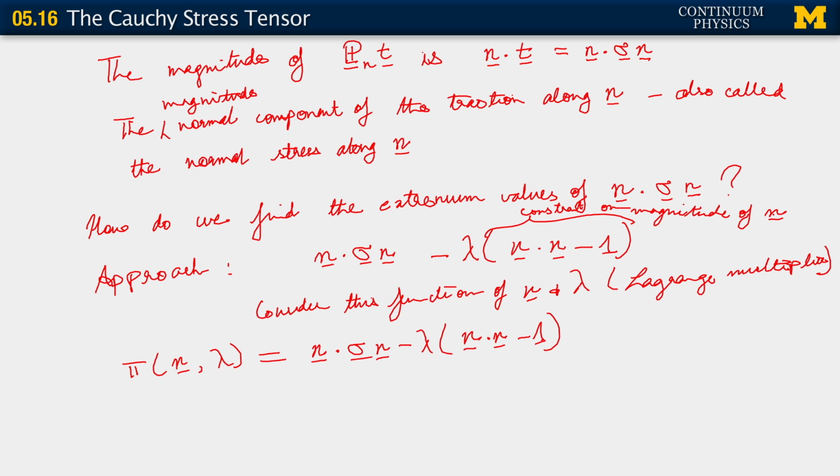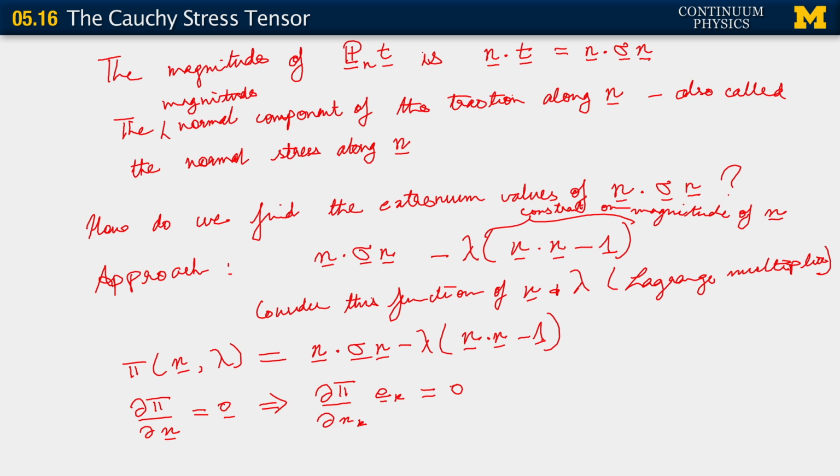Now we consider the extremum problem with respect to n and lambda. So we want the partial of pi with respect to n equals 0, which implies that, let's do it in coordinate notation, the partial of pi with respect to n_k e_k equals 0.